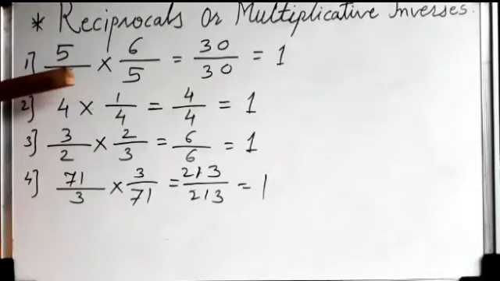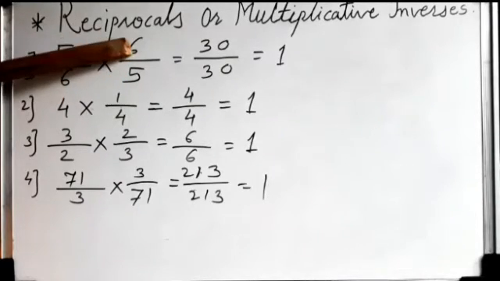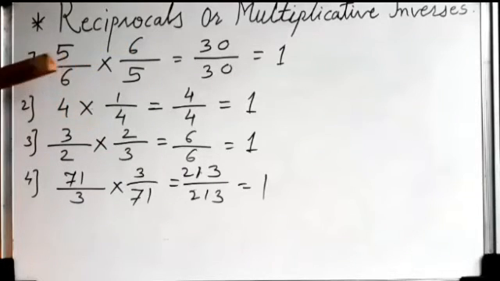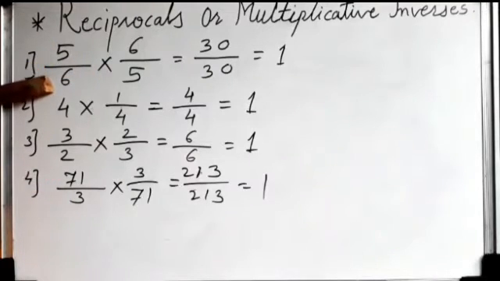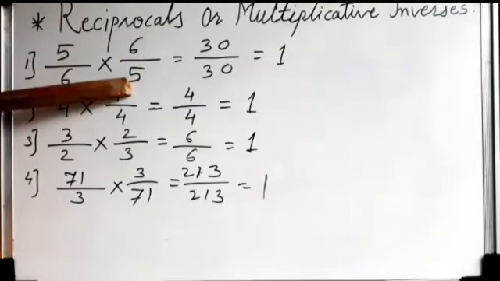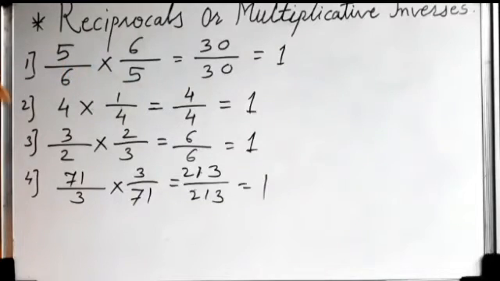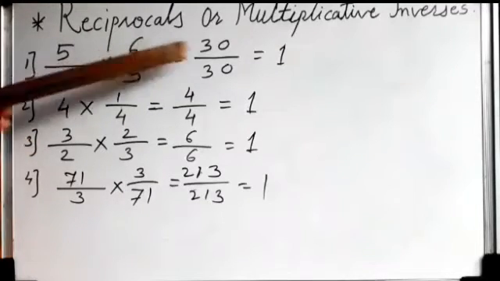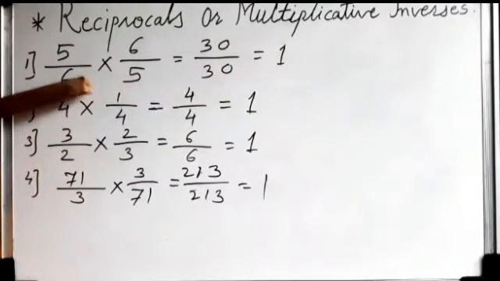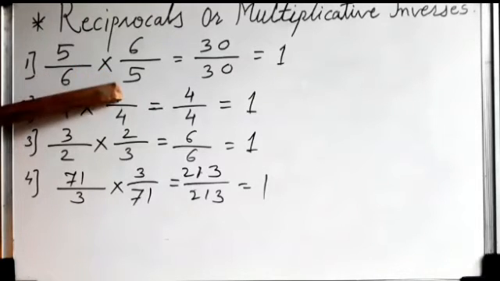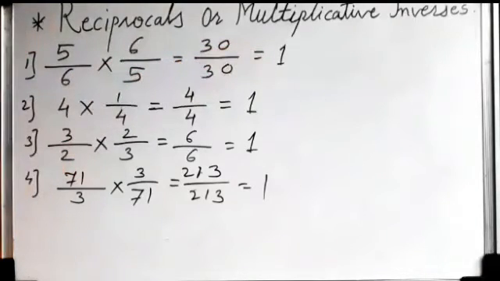I have just exchanged them in the second fraction, so the denominator came in the place of the numerator and the numerator came in the place of the denominator. That means 5 upon 6 became 6 upon 5, and if I multiply these two fractions, their product is 1.